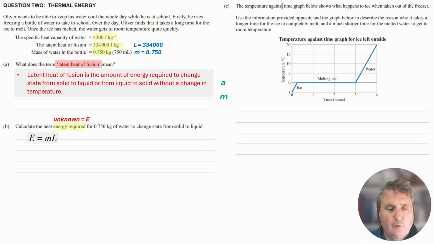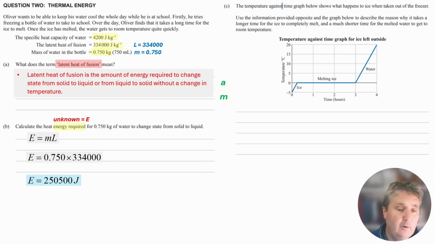We get that from our resource sheet. We substitute in the values, and then we get the answer. And the answer here is 250,500 joules. So that's an achieved here for the correct answer. We can accept that, yeah. So that's just an achieved for that.